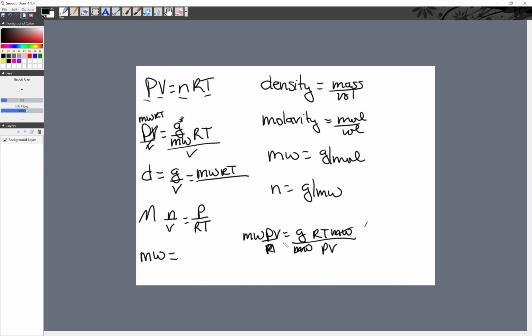Whoops, that's a P. And so it would be gRT over PV. Now the derived ones are not in your reference sheet, but basically I'm just using PV = nRT and I'm going back and forth between them. All right, do my derived calculations make sense? Yes. Okay.